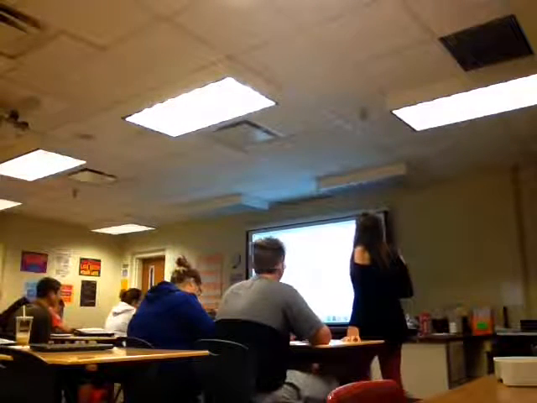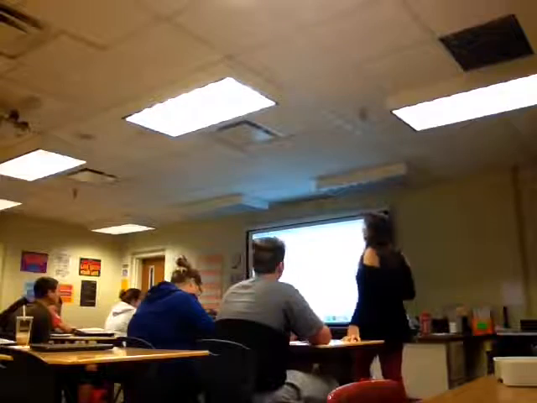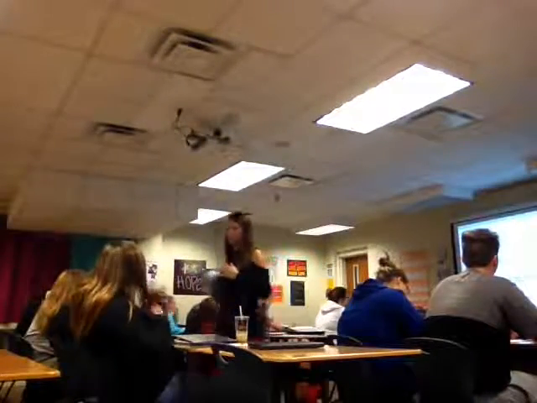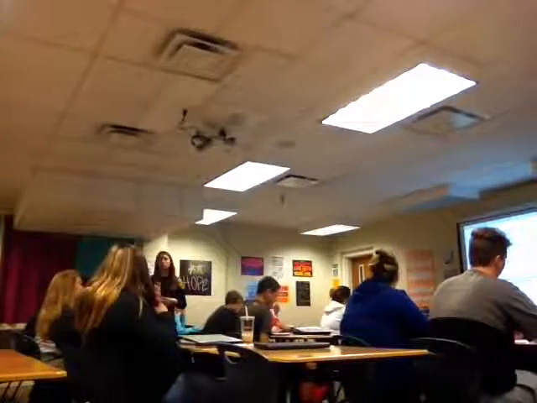Alright. The next part gives us a formula for when we're trying to figure out permutations of a certain number of objects taken from a group of distinct objects, which sounds kind of confusing. Like if there's 20 of you in the classroom and I'm choosing 4 of you to line up in front of the classroom, this is a little formula I would use to figure out how many ways I can choose 4 of you to line up from the 20 in the classroom.